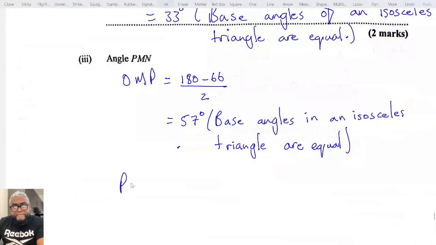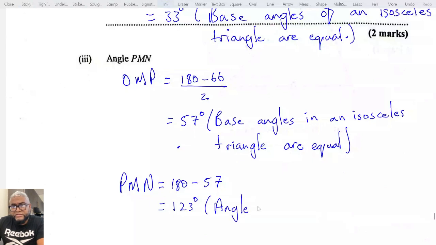Right, so PMN is equal to 180 minus 57, which will be 123 degrees, and the reason will be angles at a point, right, Shana?